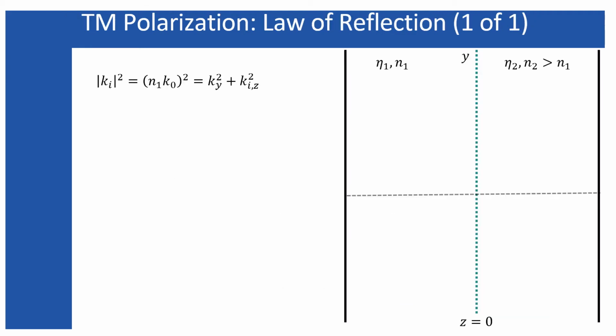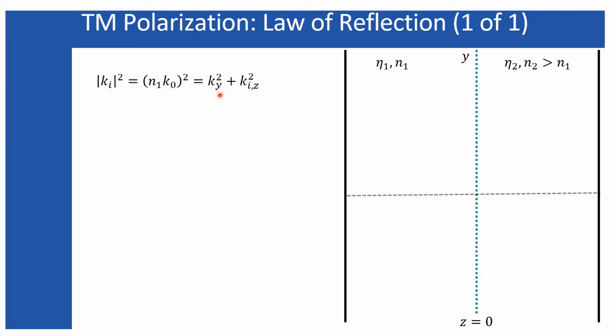The law of reflection. The wave vector for the incident wave can also be written in this form, where the magnitude of the incident wave vector is represented in this way, and that can also be resolved into its components.